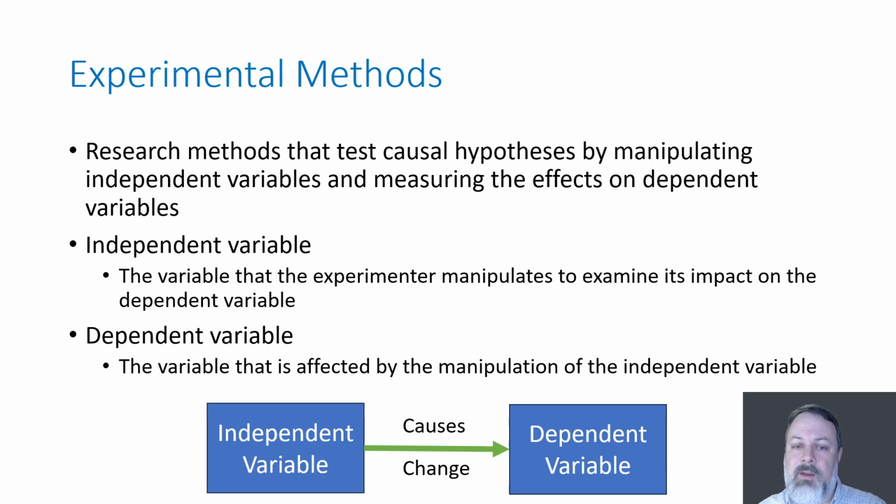And then we look to see whether there is a difference in our outcome variable, which is known as the dependent variable. So if I wanted to know, does more levels of studying cause you to do better on a test? To actually answer that question, I would want to set up an experiment where I have two groups of people, one group who studied a lot, one group who didn't study, and then I could compare the outcome of those.